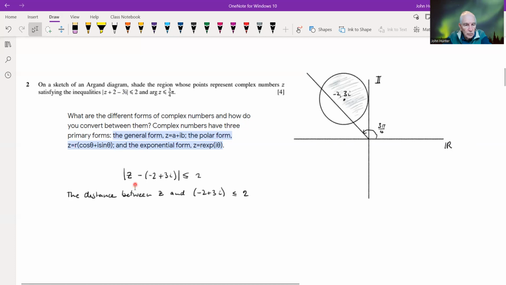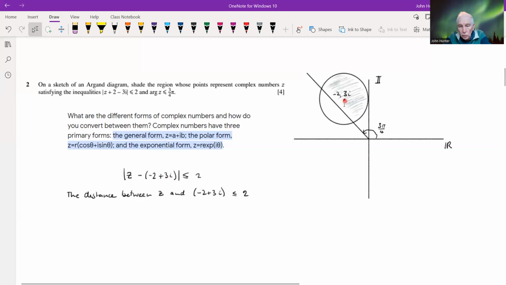Anyway, what we are looking for here, if we rephrase this modulus in this form, is to draw the area where we can put z so that the distance between the complex number z and this point -2 plus 3i is less than or equal to 2.